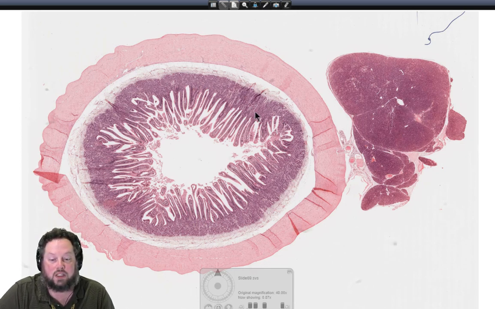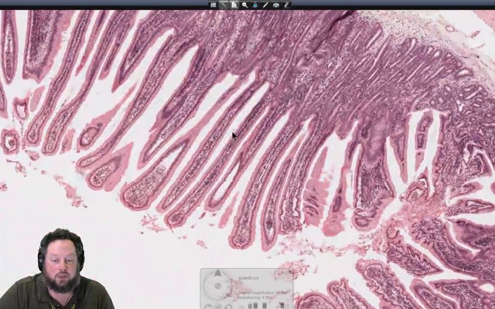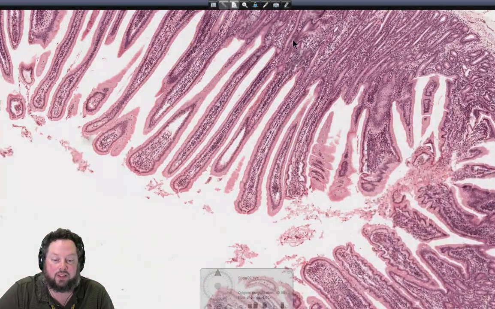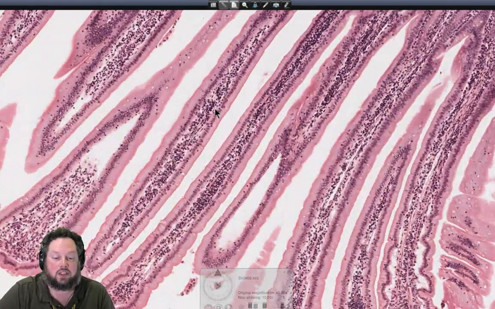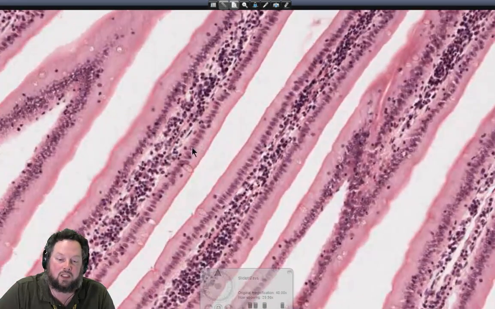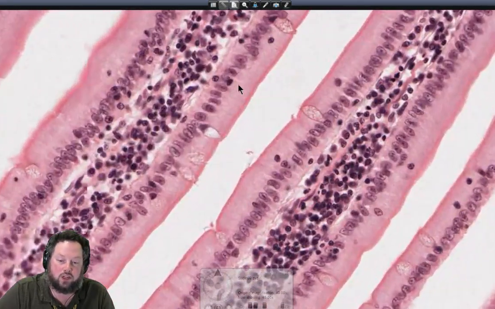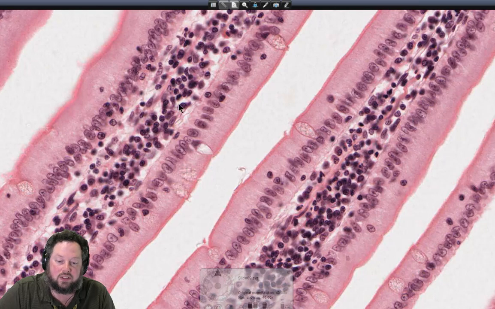So this is the small intestine. If we zoom in here, it's characterized by these finger-like projections, which are the villi. They increase the surface area for absorption. If we look at their structure in more detail, we can see they're made up predominantly of two cell types.